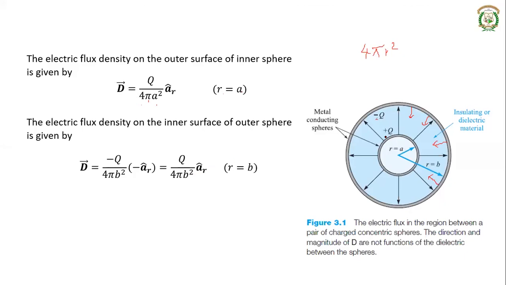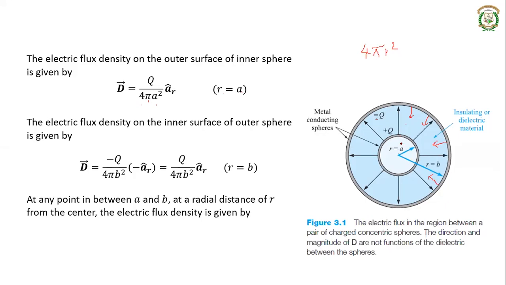Now if you consider any point in between a and b, in between both the spheres, at a distance of r from the center of the sphere, where r can be anywhere between a and b, we can have the electric flux density as the flux divided by the area.